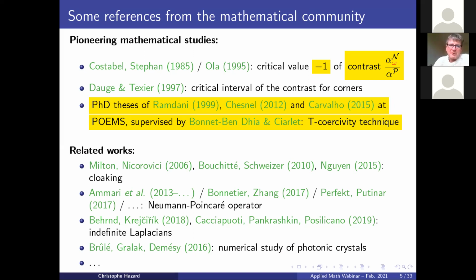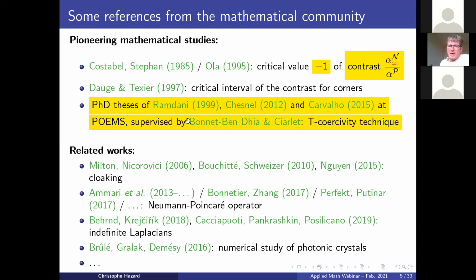And during the same period, this was actually the beginning of a long story which began at my laboratory POEMS, a long story of various theses, the theses of Karim Ramdani, of Lucas Chesnel, of Camille Carvalho, who were supervised by Anne-Sophie Bonnet-Ben Dhia and Patrick Ciarlet.